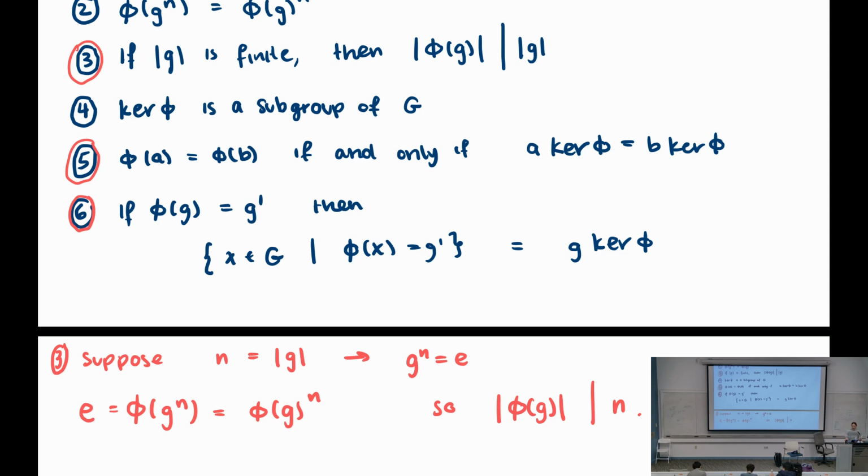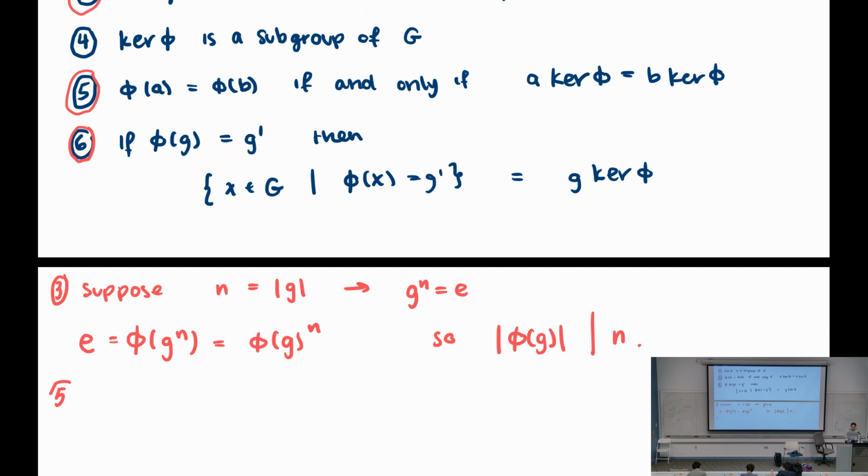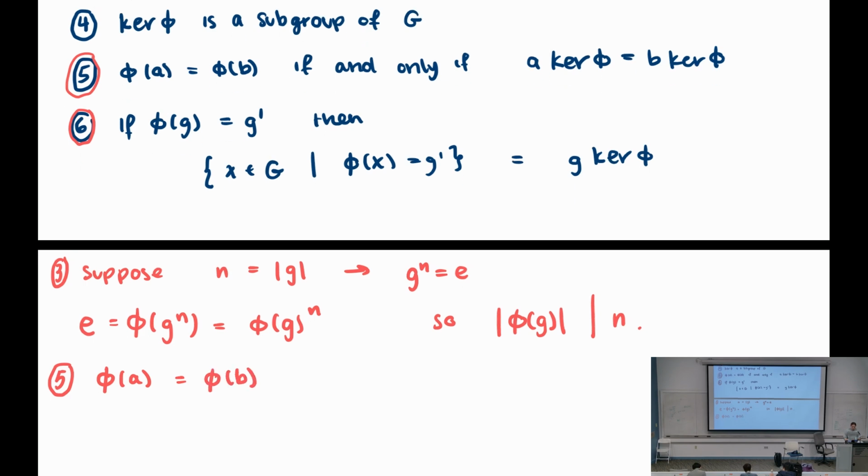Okay, so for 5, this one is pretty quick if you use coset properties. We won't even have to prove both directions because it'll just be a string of if and only if statements. So we have phi of A is equal to phi of B. This is true if and only if phi of A B inverse is equal to the identity.